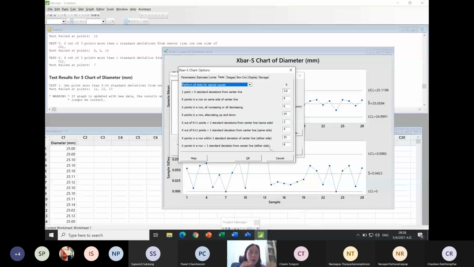Okay, so one more time, let's review the rule names, because if you look at the chart, you don't have to come back and open this again.